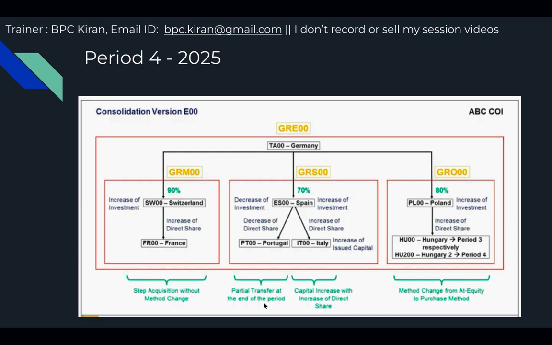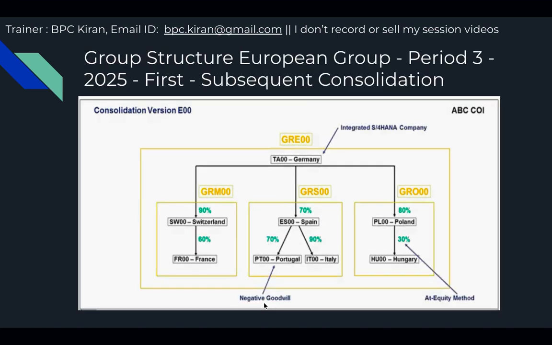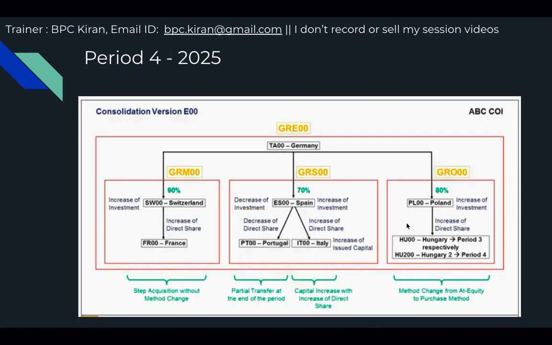You might have a question: what is the difference between partial transfer and partial divestiture? Partial transfer happens within the group. From one group you reduce the percentage and you move that percentage to another group. That is called partial transfer in group reporting. Partial divestiture is where you are decreasing the investment percentage.